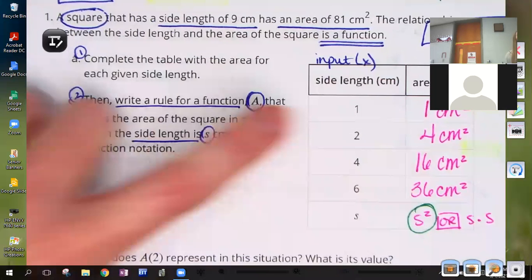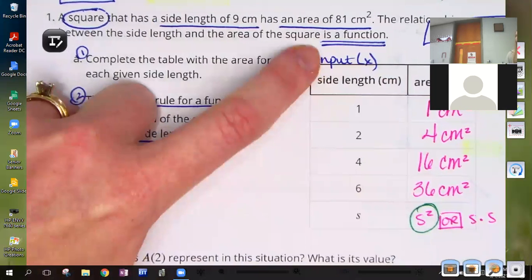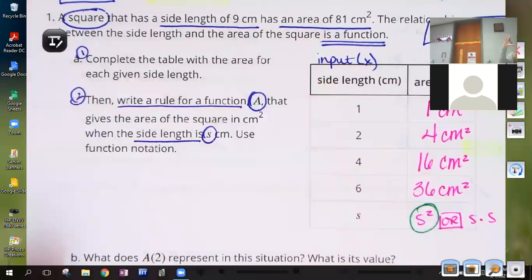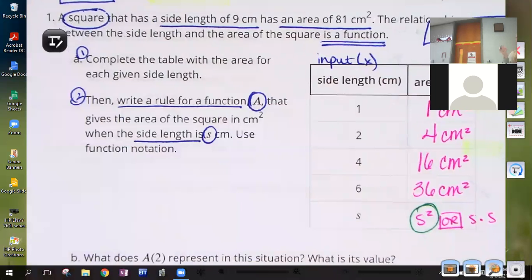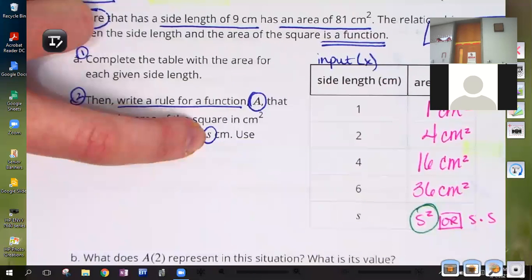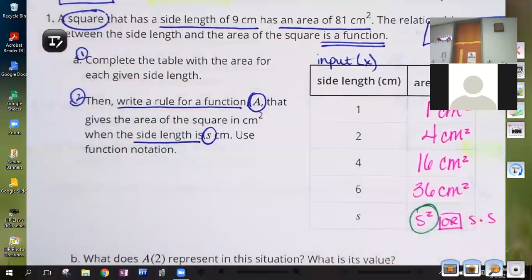It's our input. So what variable is going to go inside of our parentheses? S. So that S value is going to be representing our input or our X value, but they want us to use this variable because it goes better with this situation.